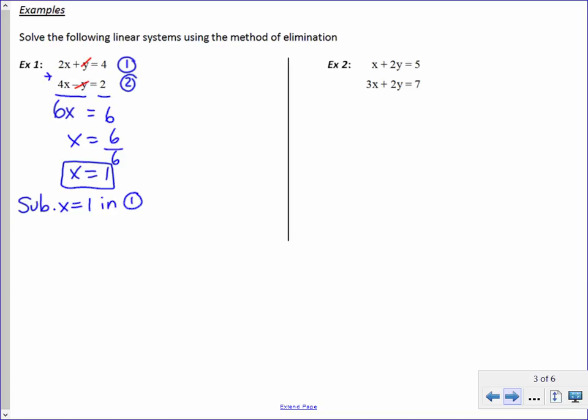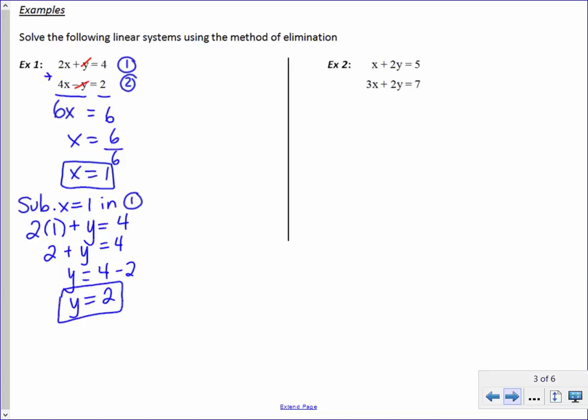So 2 times 1 plus y equals 4. 2 plus y equals 4. Y equals 4 minus 2. Y equals 2. Okay, and then check 1, 2 in equation 2, the one we didn't use.